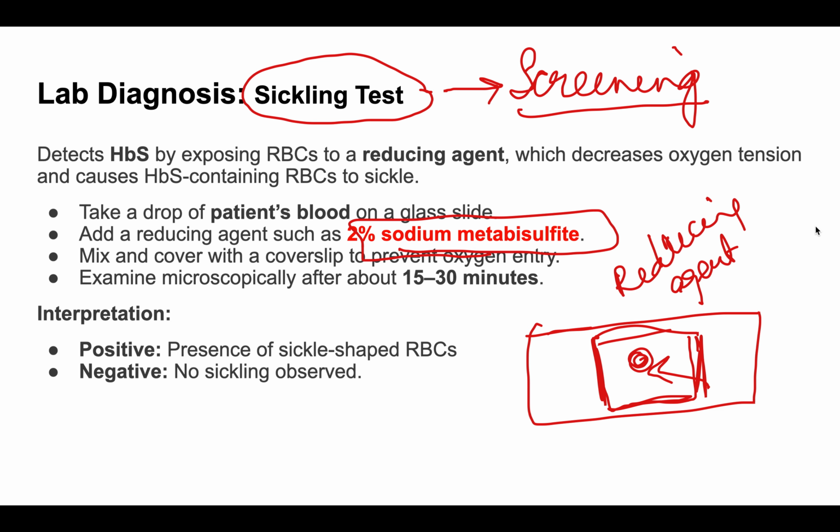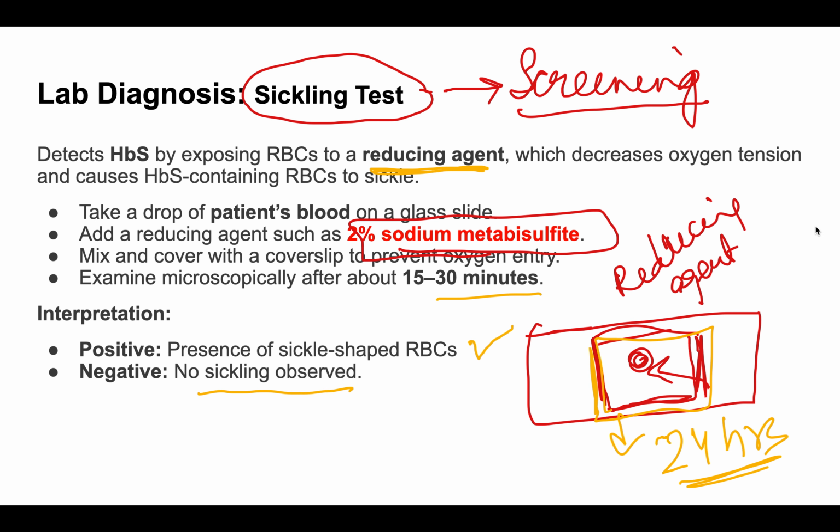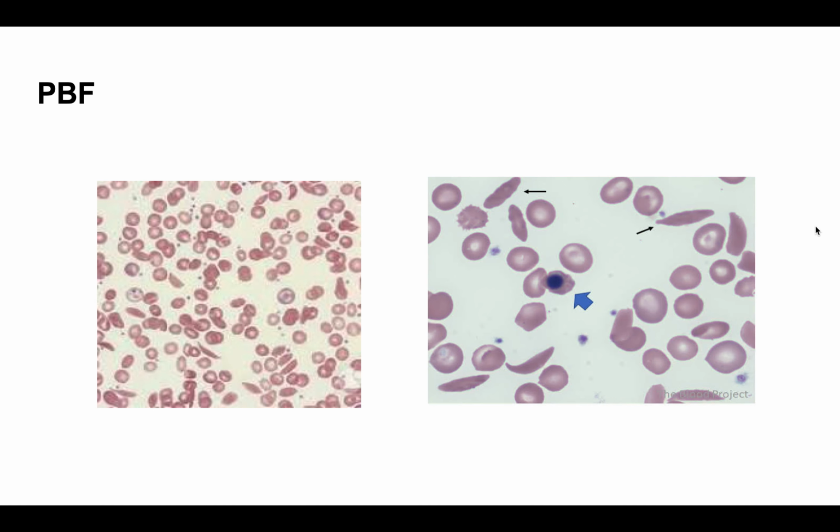We will see it after around 30 minutes, and after 24 hours also it is checked for sickling. With this method, if it is positive, sickle cell RBCs are seen, which goes in favor of sickle cell anemia. Otherwise it is negative, no sickling will be observed. This is a type of screening test, not a diagnostic test.